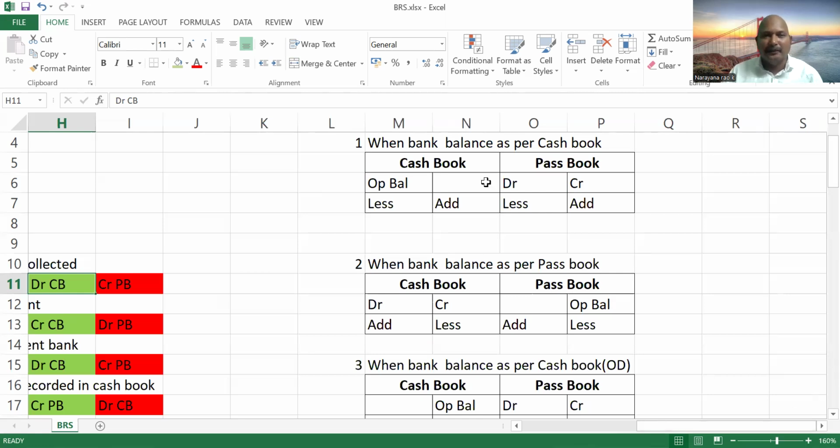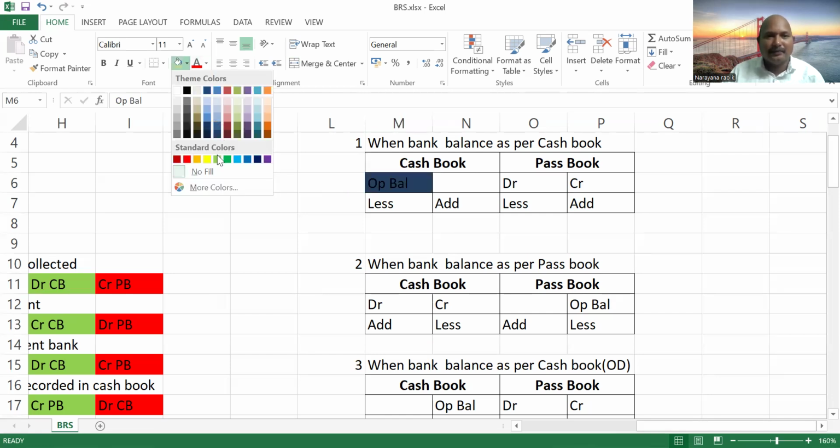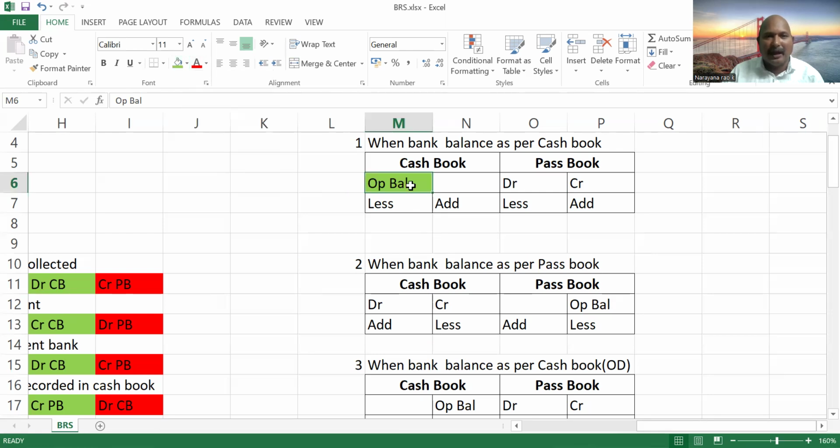Here, see in the first point, when bank balance as per cash book, the opening balance is on the debit side. It is our bank favorable balance. They give the cash book balance, and to find out the passbook balance, what are the items on the cash book debit side?